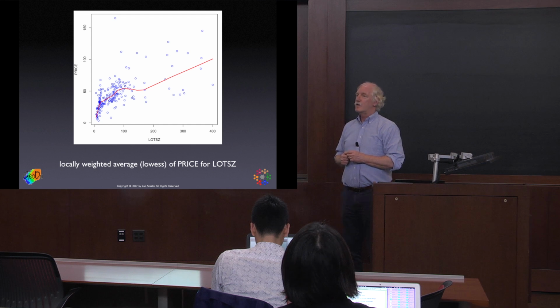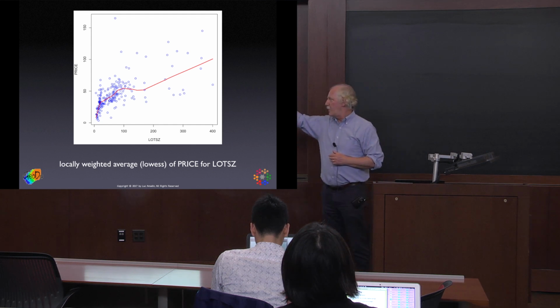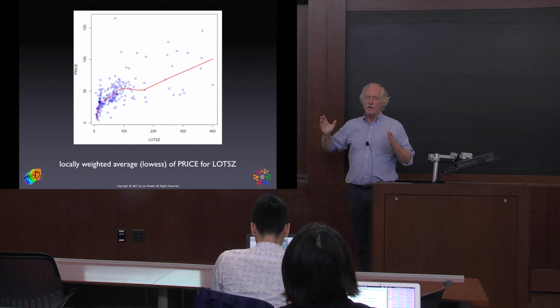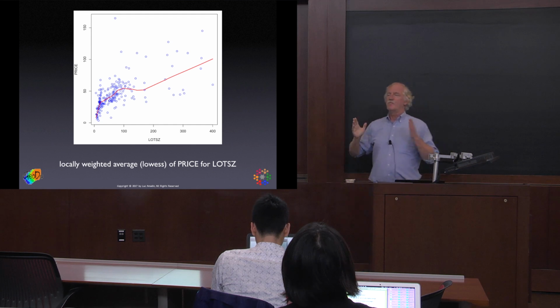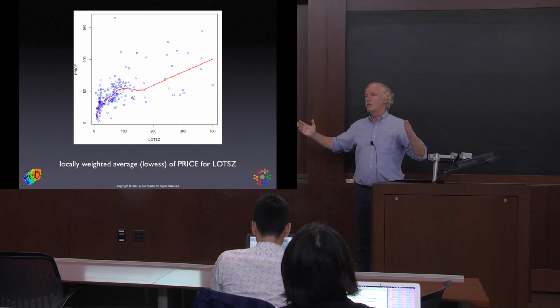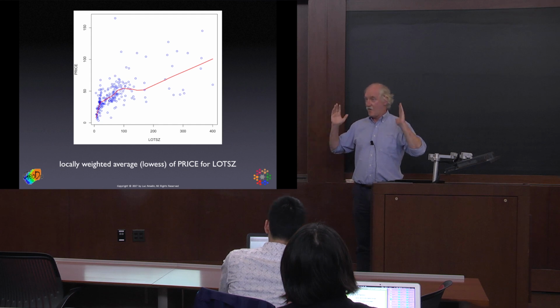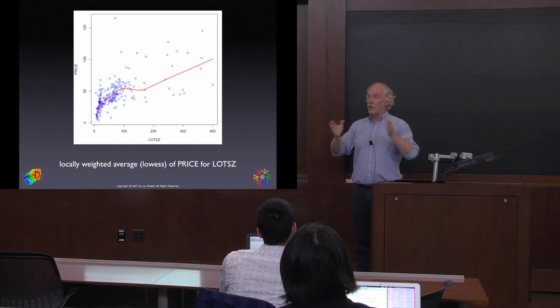Well, that's the critical thing. It depends on how dense your points are relative to the x-axis, right? The bandwidth determines how far you go, and there are two concepts in terms of bandwidth. One is one size fits all: I'm going 10 in each direction, whether I have 500 observations or 20 observations.